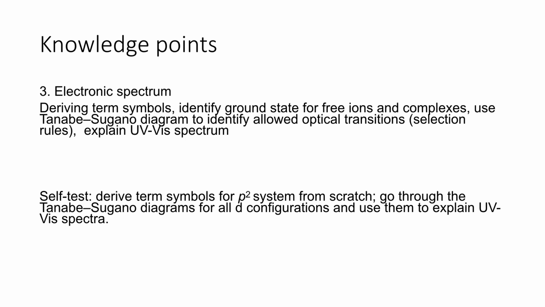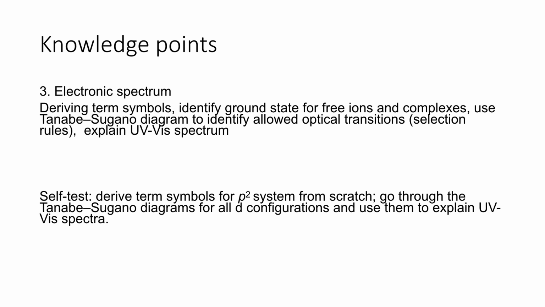All right. Once you have figured out the term symbols, you should be able to identify the ground states for free ions. Here you should remember the basic rules. There are three. The first one says that you should identify the term symbol that has the highest multiplicity. And if multiple states have the same multiplicity, then you should identify the term symbol that has the largest capital L. If J is involved, then there are two scenarios.